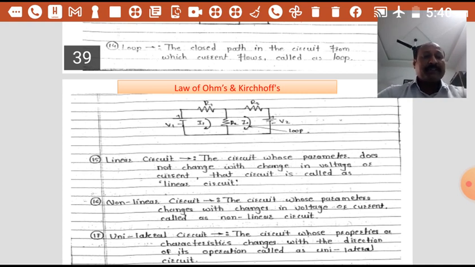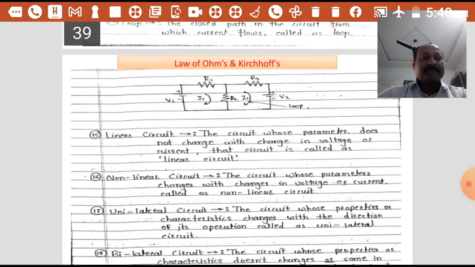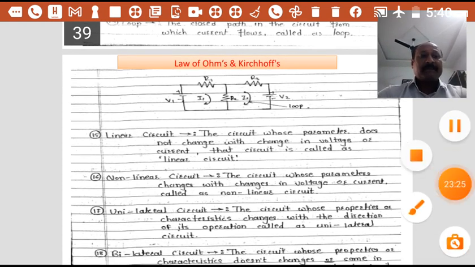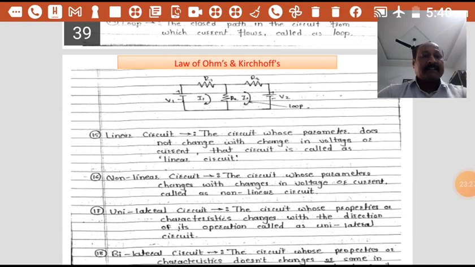The circuit whose parameters do not change with change in voltage or current is called a linear circuit. Then what is a non-linear circuit? The circuit whose parameters change with change in voltage or current is called a non-linear circuit.